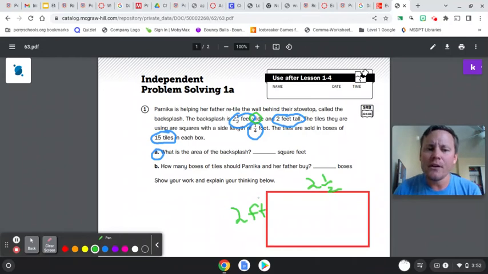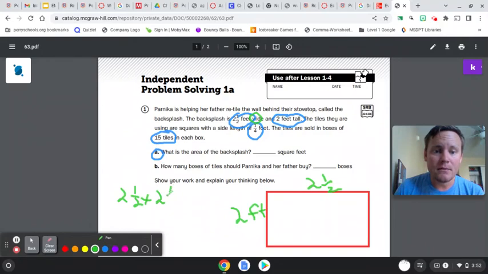To find the area of that, all I'm going to do is add 2.5 plus 2.5 twice. Why twice? Because I'm adding it twice because of that 2 feet that's given there. Length times width equals area, and that's something you've been practicing for years. But we could also add 2.5 two times to get our answer.